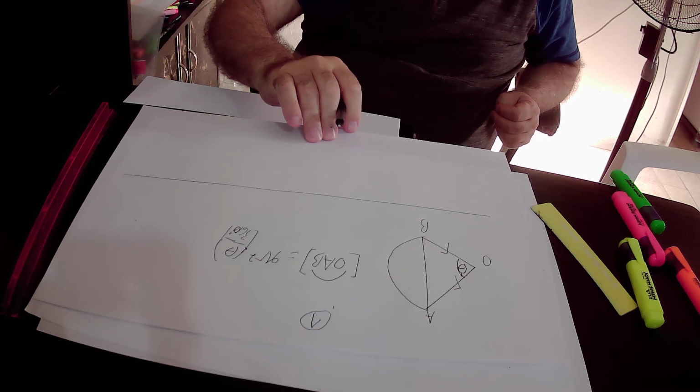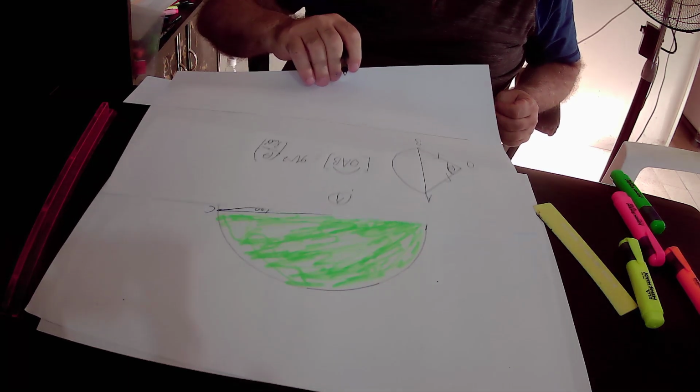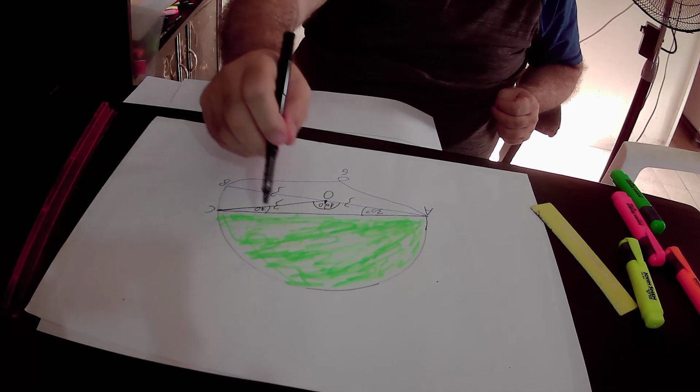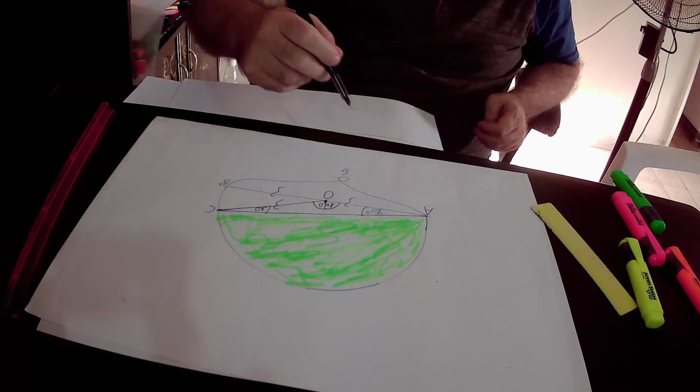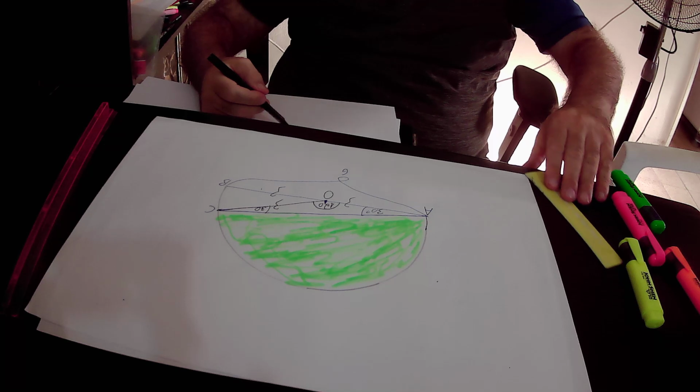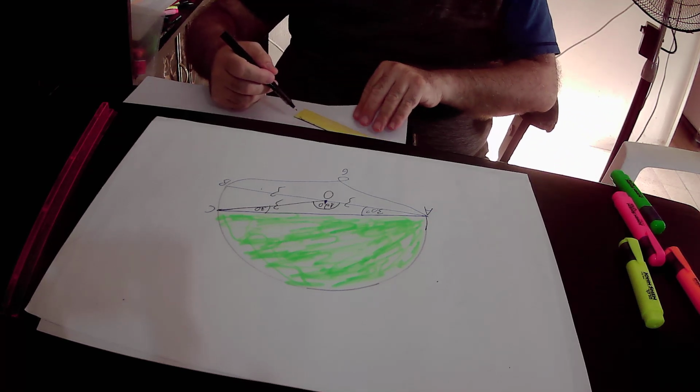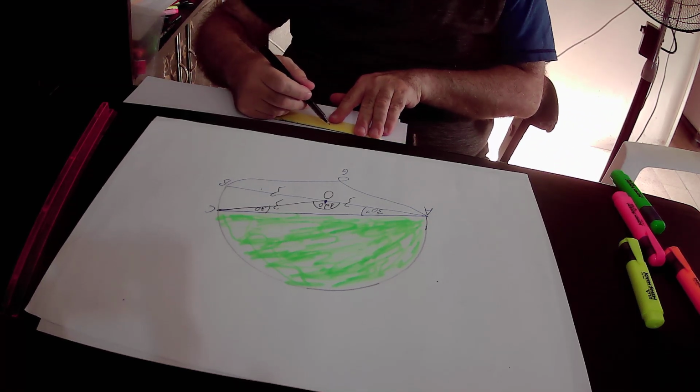In the next step, we will use the new formula in order to find out the area of sector AOC. So I'll copy sector AOC onto a new page and we'll use the new formula in order to find out the area of this sector.